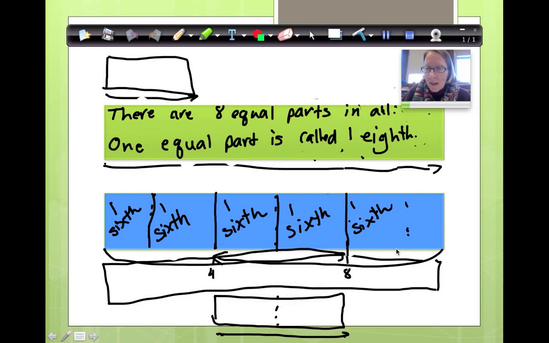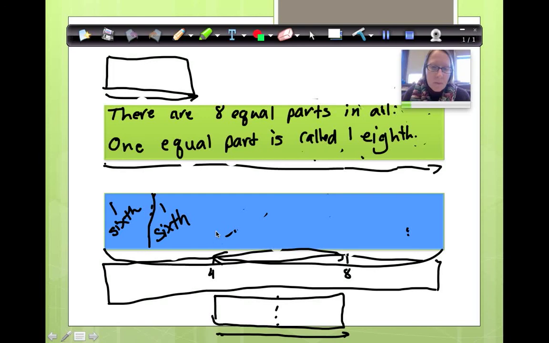Alright, now on the back, if you want a head start while you're waiting for me to erase, absolutely go ahead. I bet you can figure out what you need to write. Okay, I'm almost done here. Alright, right.